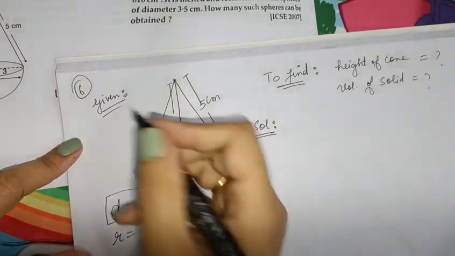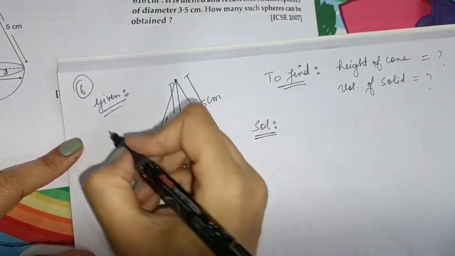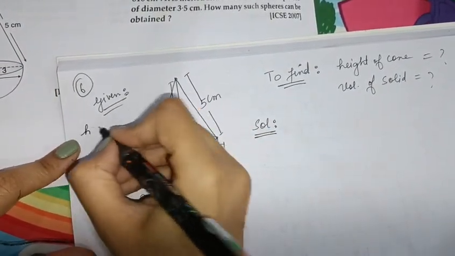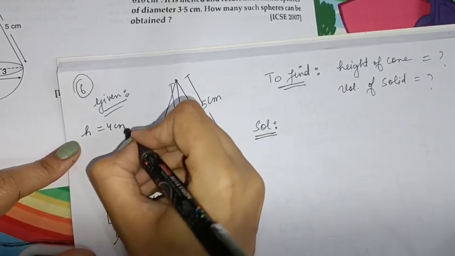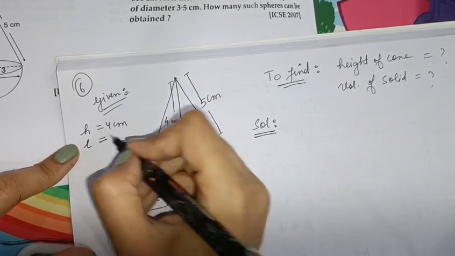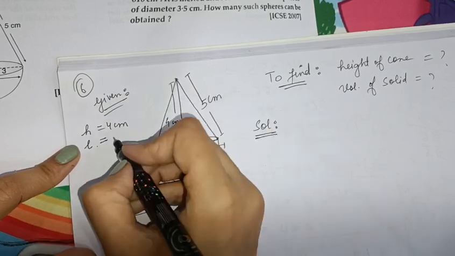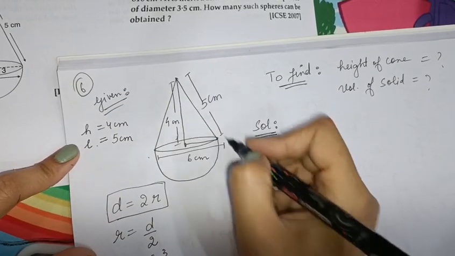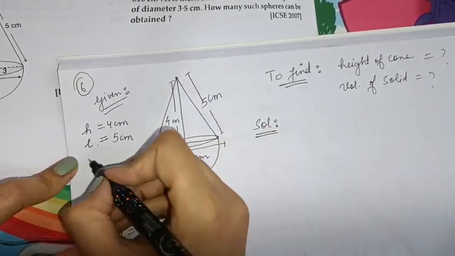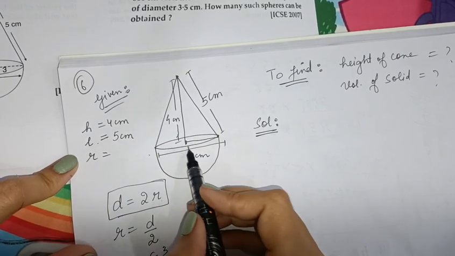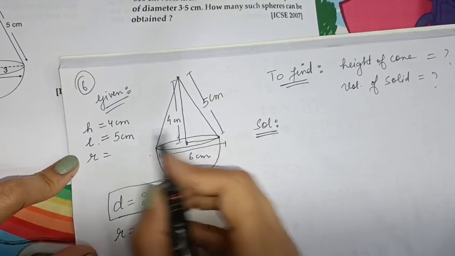So I am writing here the height of the cone h, which is equal to 4 centimeter. Slant height I am writing as small l, 5 centimeter. Radius, see, both the radius here also is 3 centimeter.